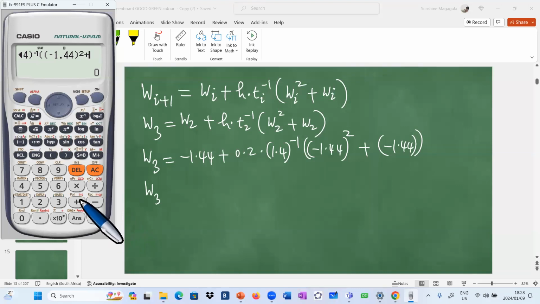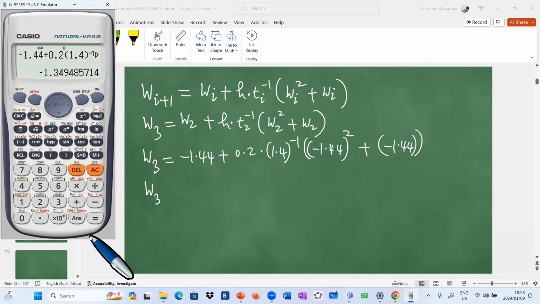And then you have plus. Because I've put a plus, then you could just put the minus 1.44 here. And then you close, double, 2 brackets closing. Right. This is what the calculator gives. I need to sort of believe that this is correct. I hope we did not make any mistakes here, did not skip anything.